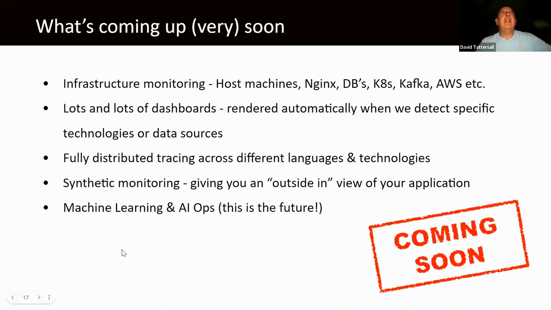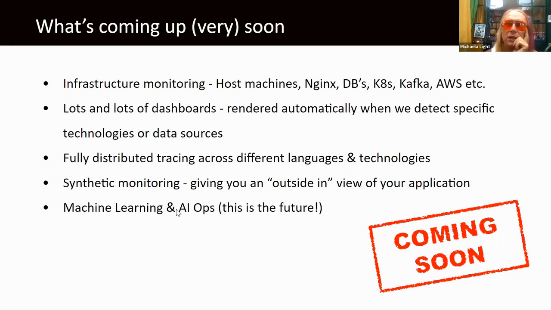And then the last new things coming next year. New things coming soon. So I showed you some of this stuff. We've got this infrastructure monitoring where I showed you Node, but we're going to also have Kubernetes, Kafka, AWS dashboards, and we're going to have lots and lots of dashboards.